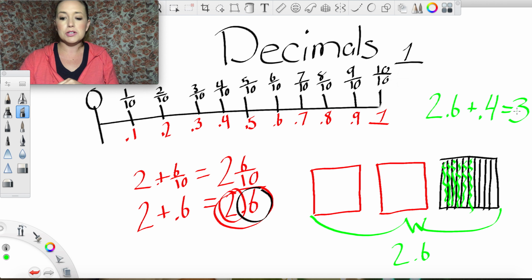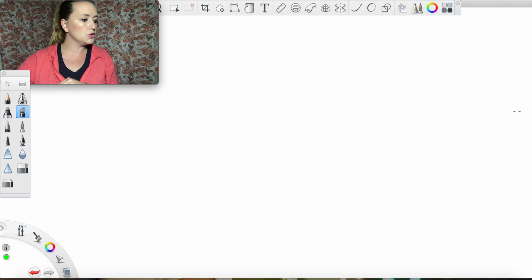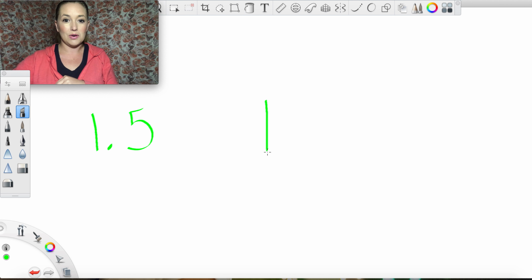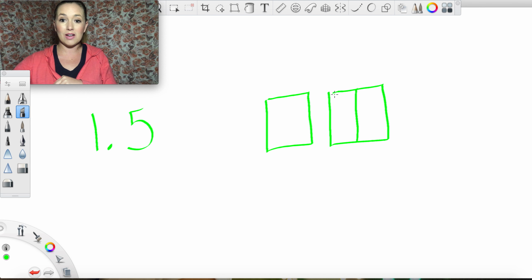Now, what I want you to do is draw me a picture for 1.5. Okay, so I would have my 1 whole, and I'm not quite there. My next one is not a complete whole, but it has how many tenths?